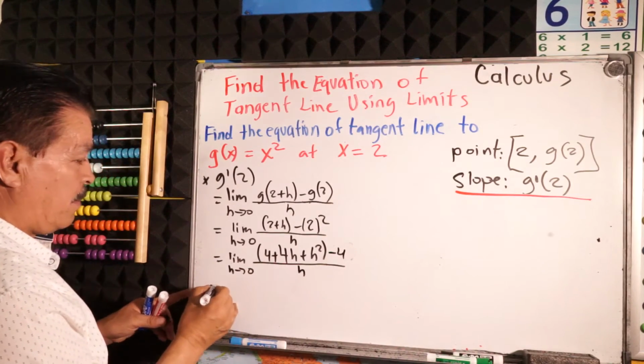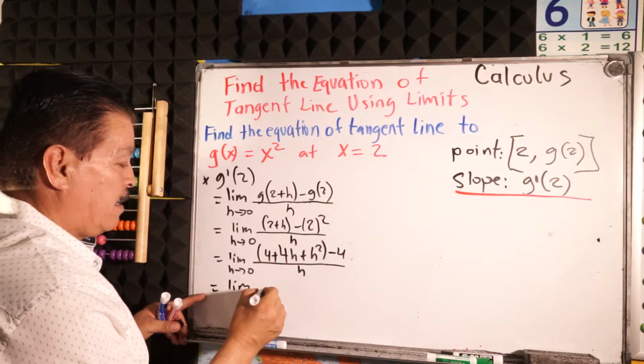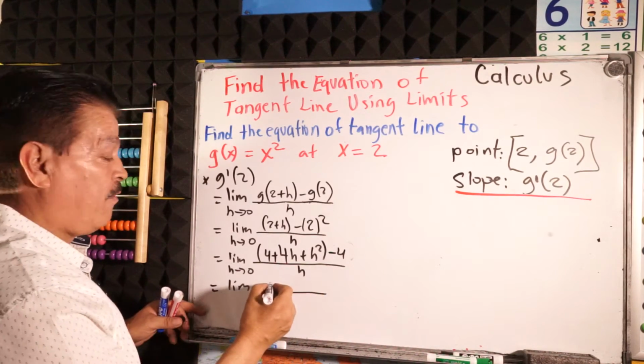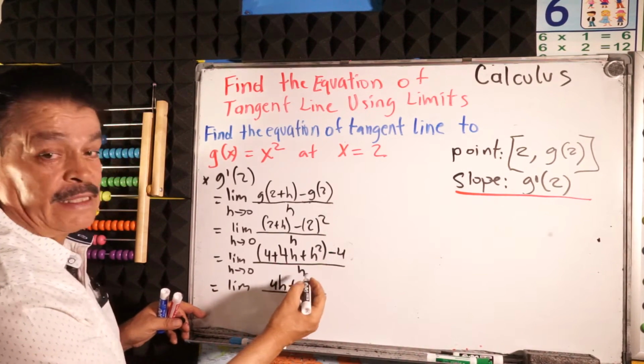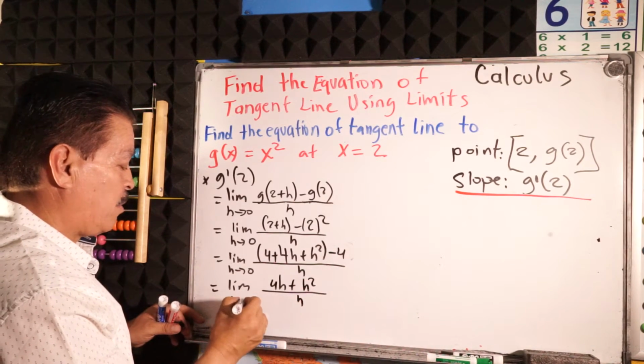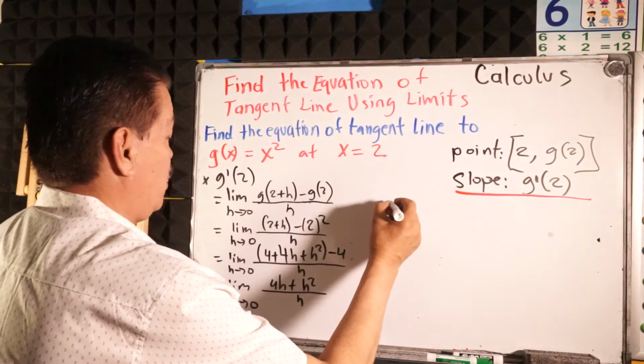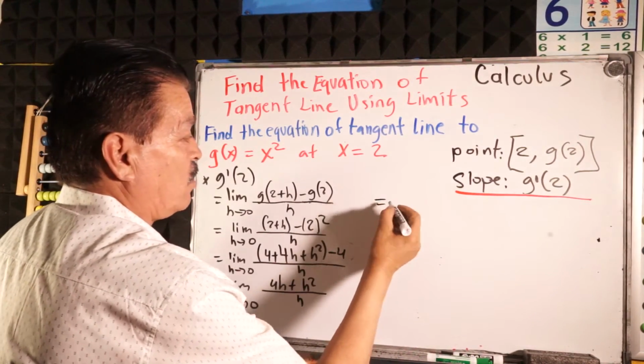So next step, we will now have the limit of 4h plus h squared divided by h when h approaches 0.